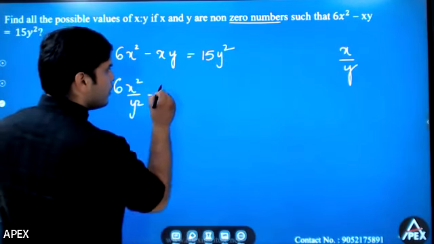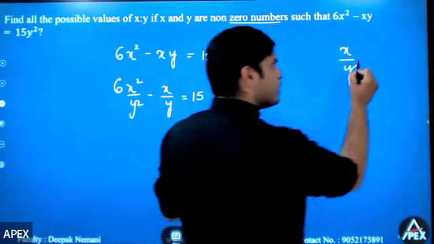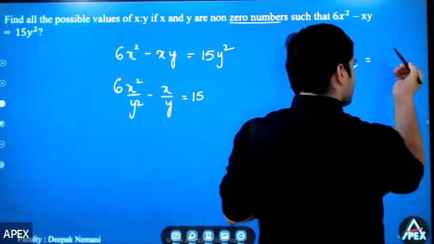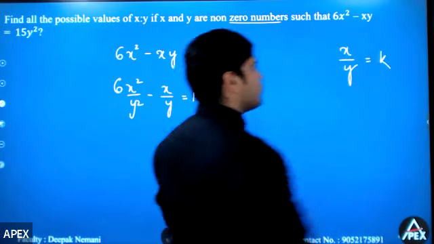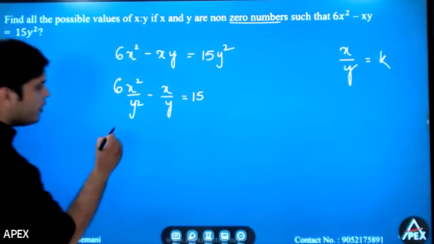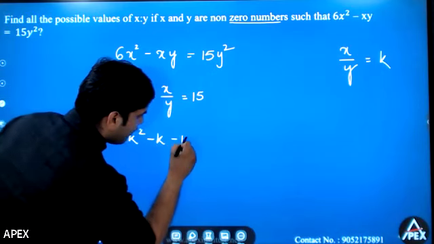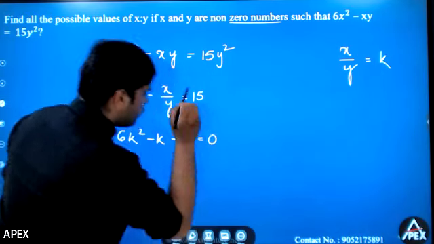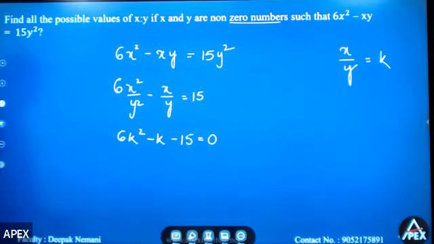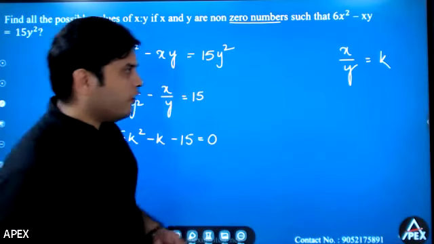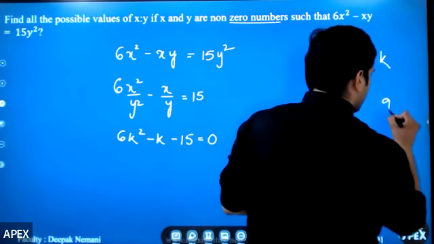Or if I consider x by y is equal to some variable k, this equation will be 6k square minus k minus 15 is equal to 0. Now what is the product of 6 and 15? 90.